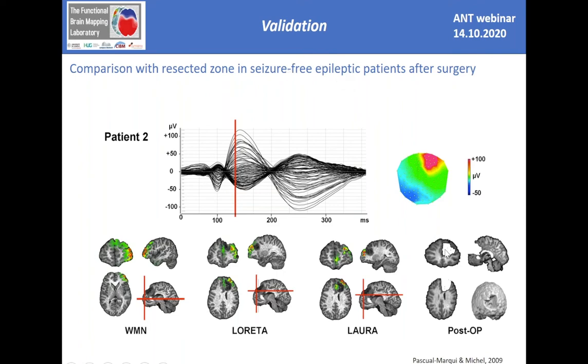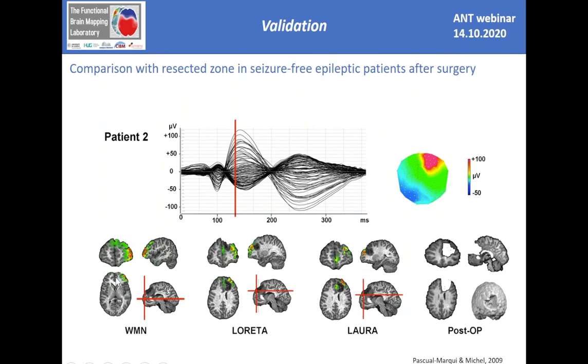Meaning there was some brain tissue removed where we were assuming that there was the source of their epileptic seizure. And even before the surgery, those authors did source imaging, and then they compared where is the localization of this spike, and is this localization of the spike matching the resection zone, right? And if so, then this is the argument that the source localization was correct.